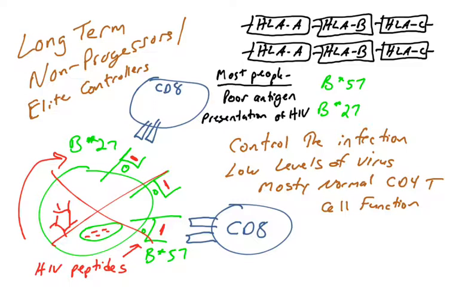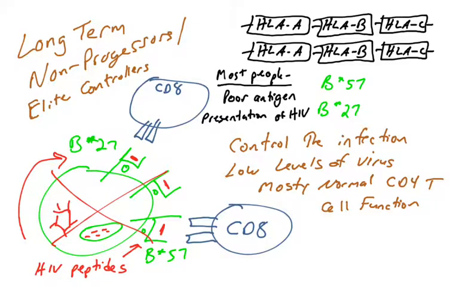In individuals who inherit these alleles, they have low levels of virus and fairly normal CD4 positive T cell function. Again, these individuals are called long-term non-progressors or elite controllers, and that term refers to the fact that they are chronically infected with the virus, but they do not progress to immunodeficiency or AIDS.